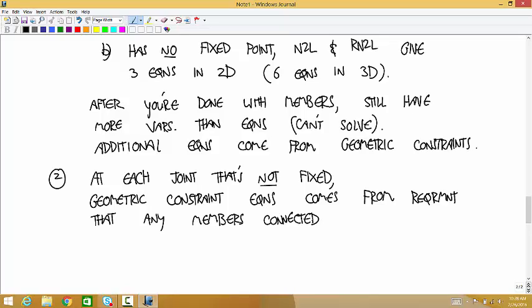That's what the joint does. It restricts accelerations, motions of that contact point. So they must agree.